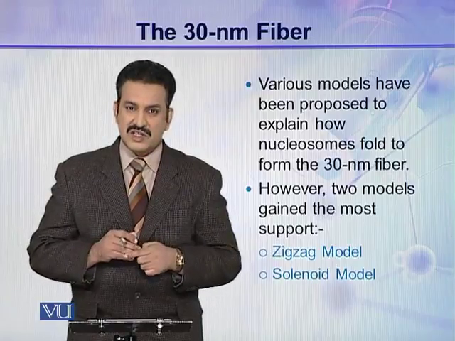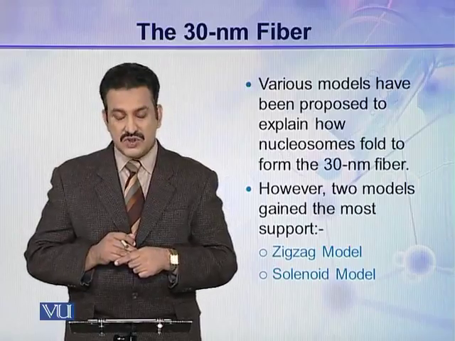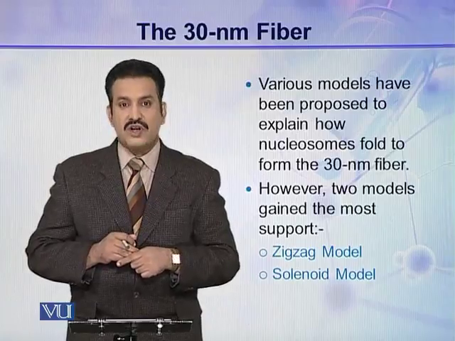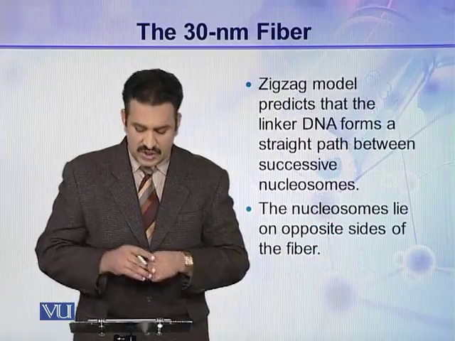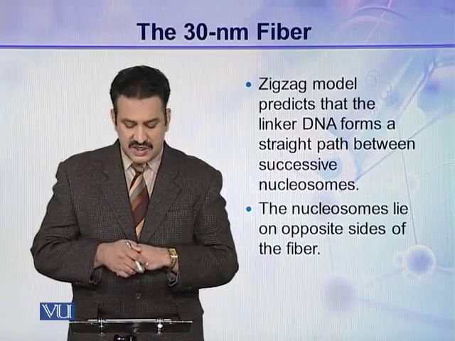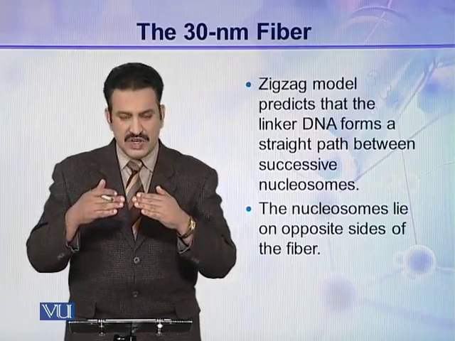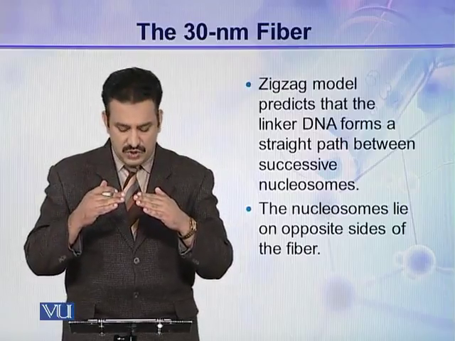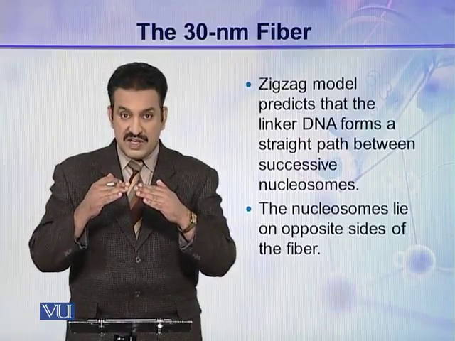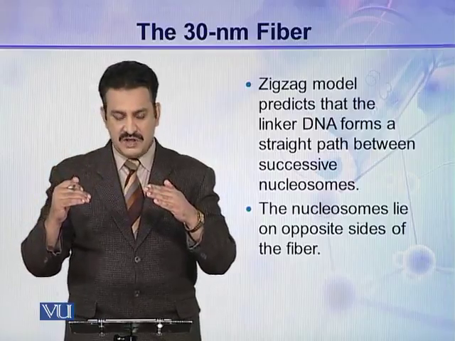Two models gained the most support, and these two models are the zigzag model and the solenoid model. According to the zigzag model, the linker DNA forms a straight path between the successive nucleosomes. The nucleosomes lie on the opposite sides of the DNA fiber.